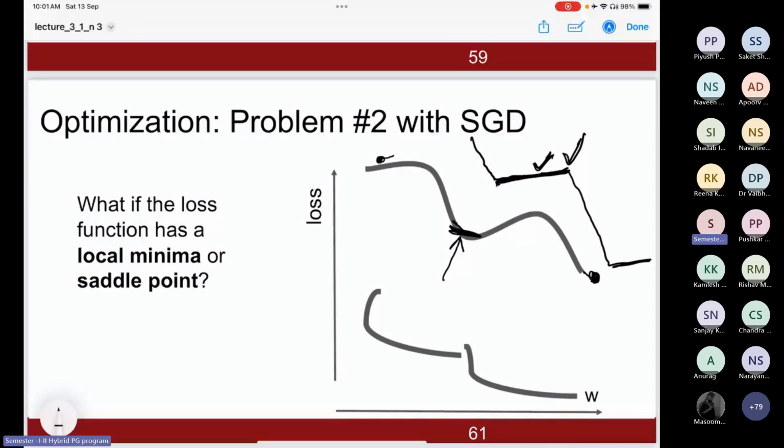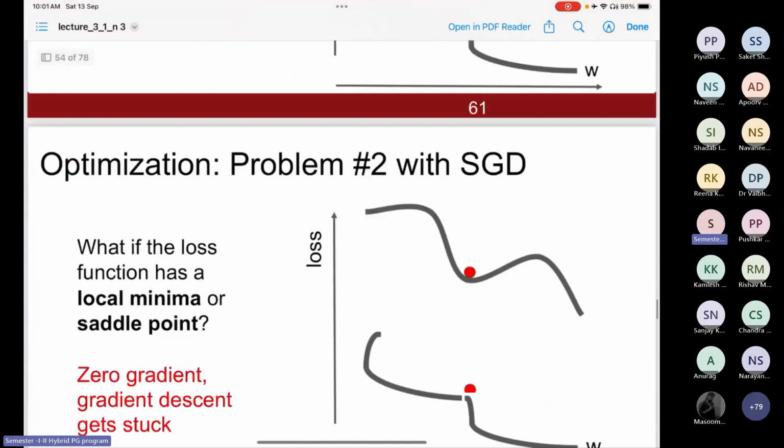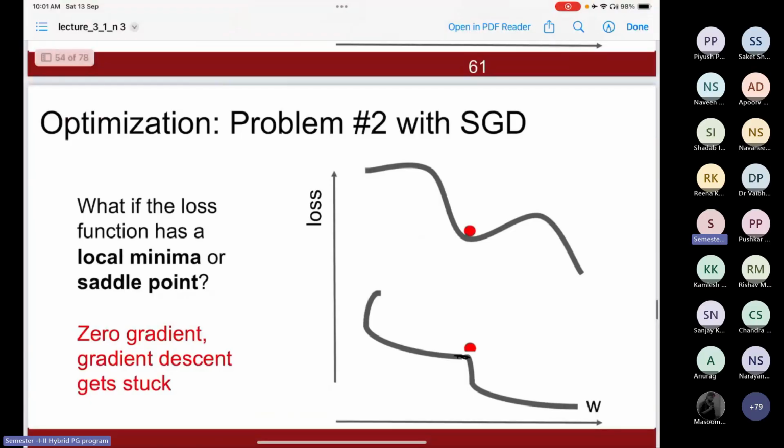And another problem of a similar type is the saddle point. A saddle point is a point which looks like a minima from one side and a maxima from another side. Suppose you take the example of Sundarnagar. If you are seeing Sundarnagar from this side, it looks like a minimum point.